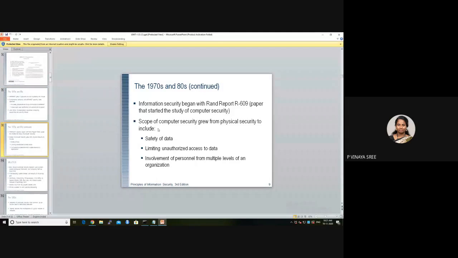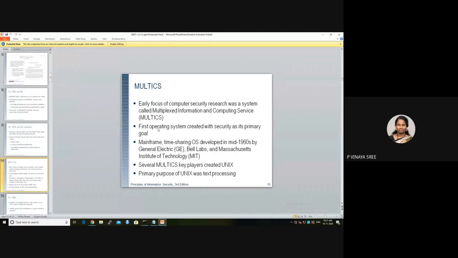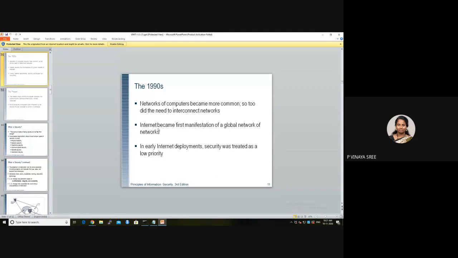They started writing a security paper called the RAND Report R609. It shows all the security mechanisms, policies, protocols, and rules that should be followed in order to provide security. Next is Multics, the first operating system where security is considered a major goal, followed by Unix.